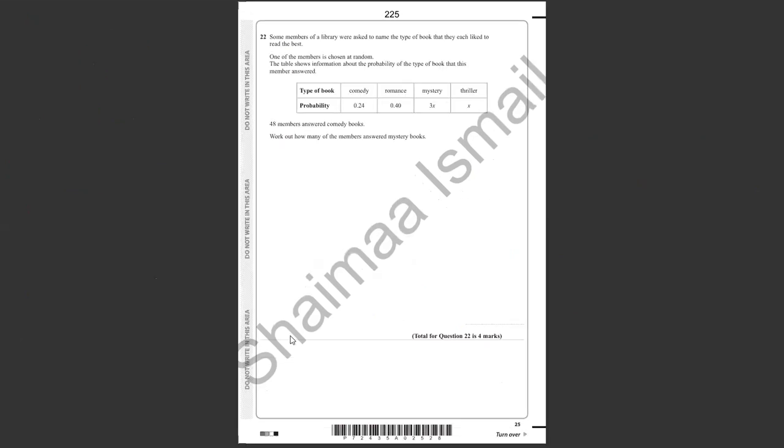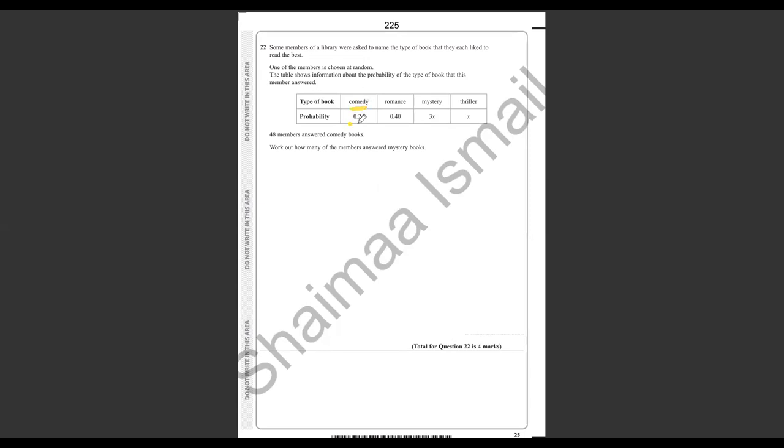Some members of a library were asked to name the type of books that they each like to read the best. Okay. One of the members is chosen randomly, and the table shows the comedy is 0.24 and the romance is 0.4 and the mystery is 3x and the thriller is x. 48 members answered comedy.